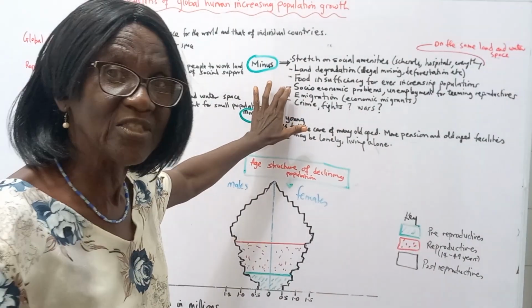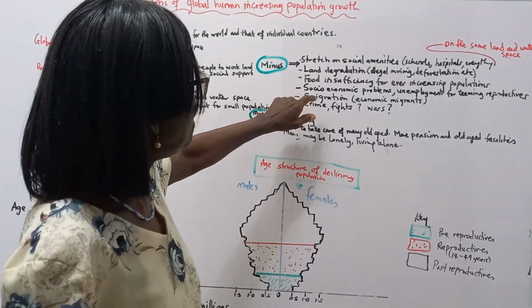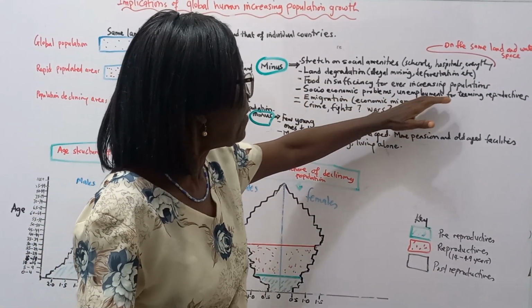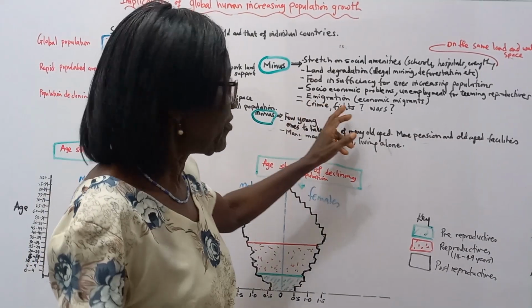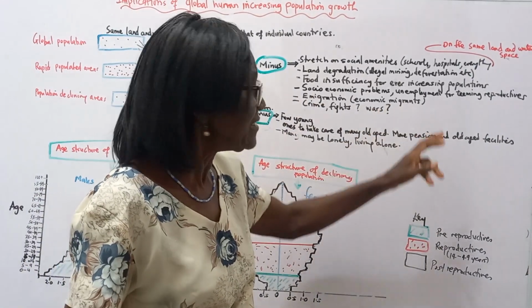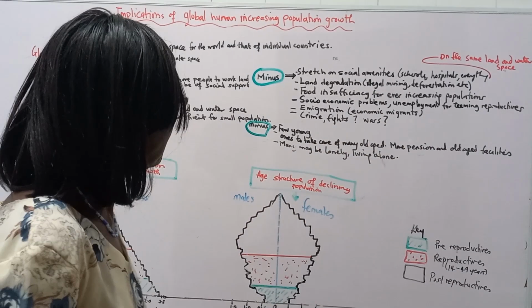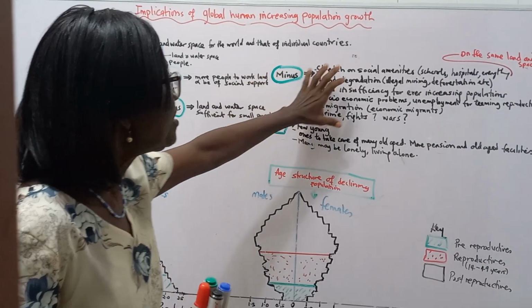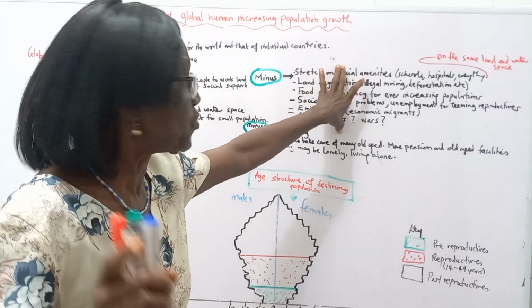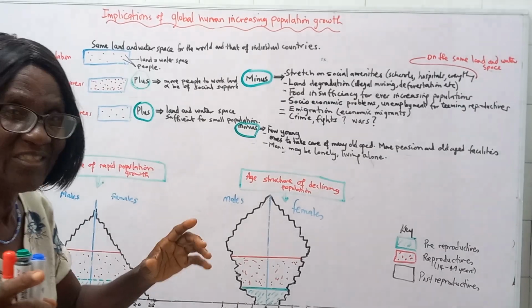The carrying capacity will not be able to hold the population. Socioeconomic problems, unemployment for the teeming reproductives. Then immigration, economic migrants will come in, crime, fights, wars, etc. So that is the implication. The land would have to be taken care of and used well as long as the rapid population growth has not changed.